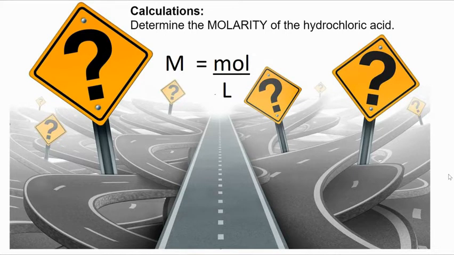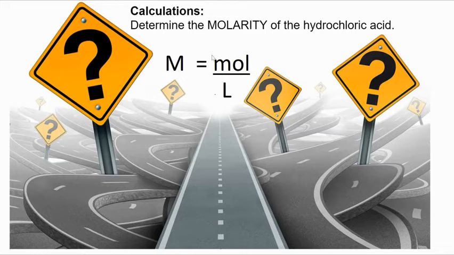All right, it's now time to do your calculations. Your job is to determine the molarity of the hydrochloric acid. Remember, molarity is moles per liter. You need to find the molarity of the hydrochloric acid, meaning you need to think about how you can transform your data into moles of hydrochloric acid that reacted and liters of hydrochloric acid that reacted.